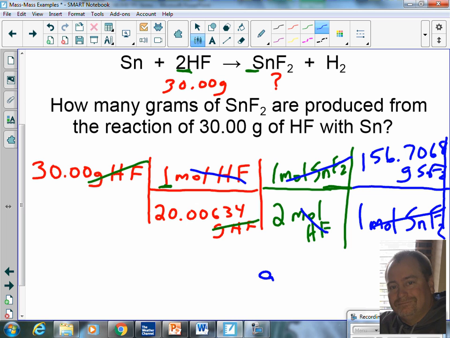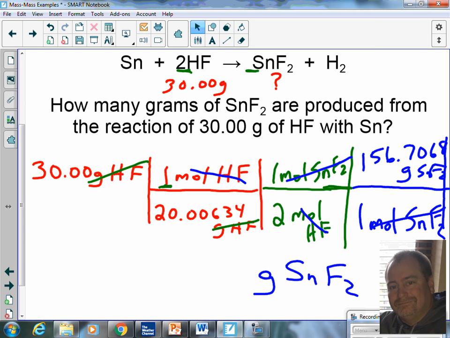Grams SnF2. So what I need to do is multiply by all of my values that are on the top and divide by all the values that are on the bottom.